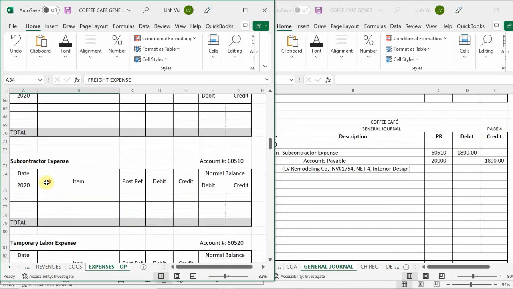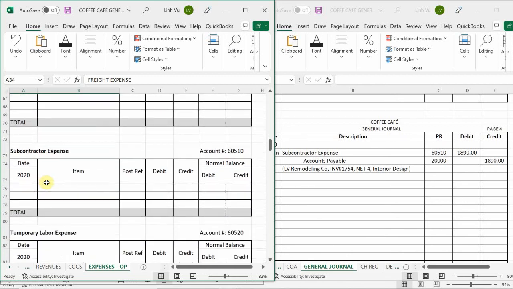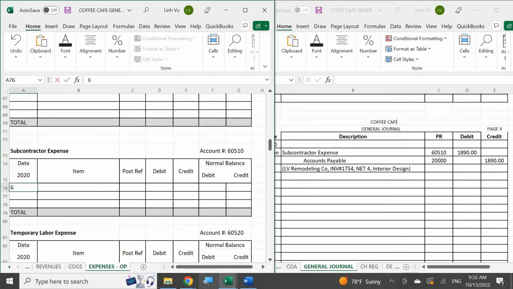Here they are, subcontractor under labor expense. It's the 11th. So here you're going to go ahead and say interior design for store. Right? You could put the invoice number if it helps you. You could put whatever you want in here.